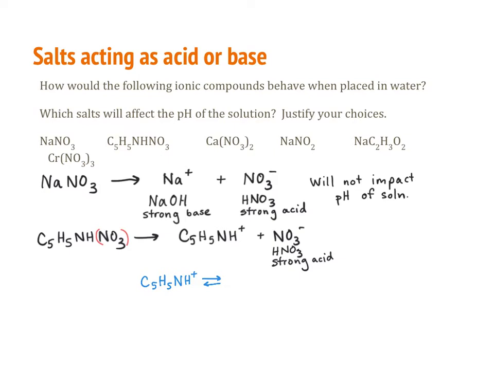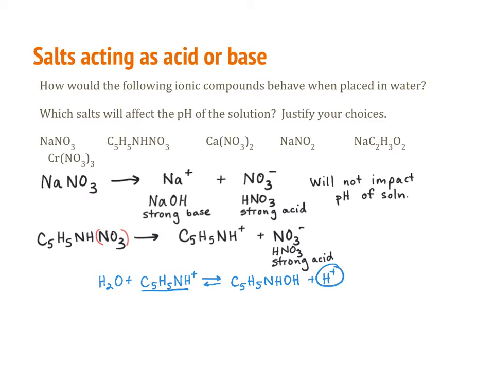Since it's a cation, it can interact with water and pick up hydroxide. So it's going to react with water and pick up hydroxide to make C5H5NHOH, leaving behind hydrogen. So if I put this species, C5H5NH+, into water and it interacts with that water, it's going to take hydroxide from the water, increasing the concentration of H+ in the water.